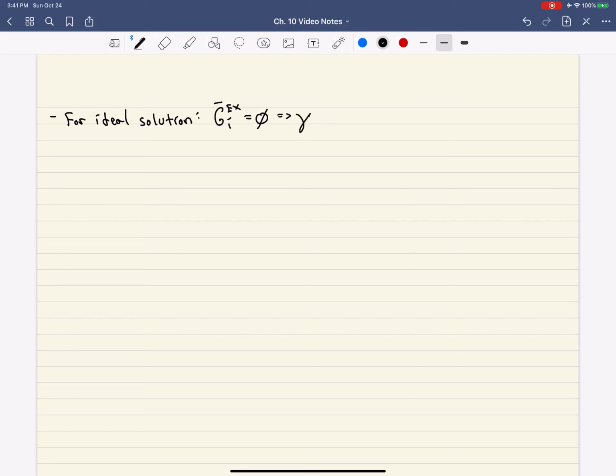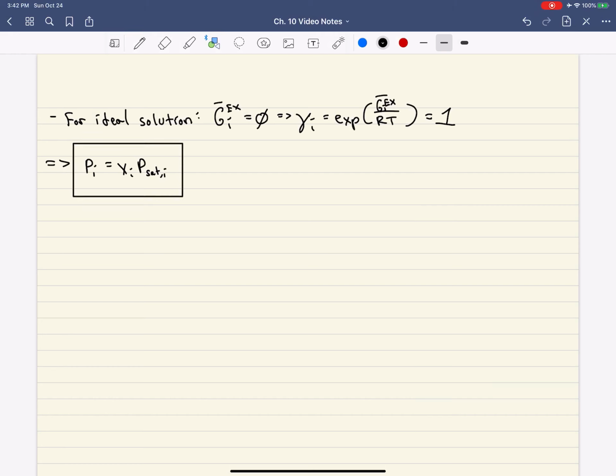And so if that's equal to 0, and our activity coefficient is the exponential of G excess divided by RT, if this is equal to 0, we get exponential of 0, which is just equal to 1. And so if gamma I is equal to 1, our equation then just becomes Pi is equal to Xi P sat I. And this is what you saw back in MEB1. This is known as Raoult's law.